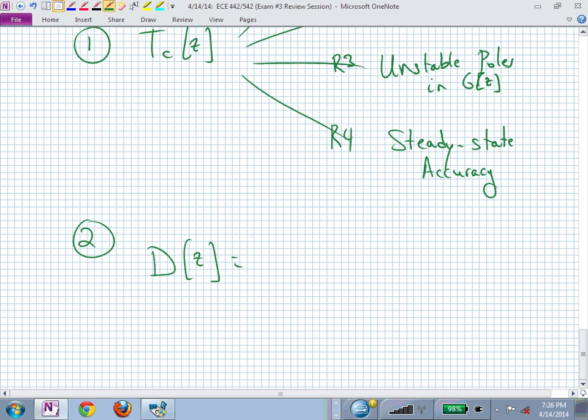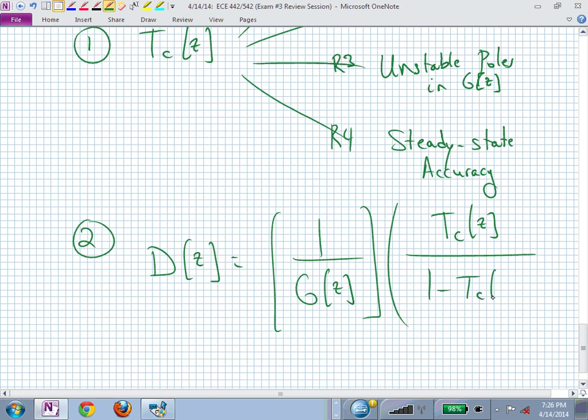And that was just our design formula, 1 over G of Z times T sub C of Z over 1 minus T sub C of Z. So once you've spent all this energy in step 1, finding the T sub C of Z, the second step is just turn the crank. Put it into this expression, and calculate the controller, the results.